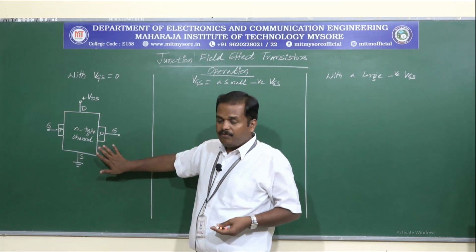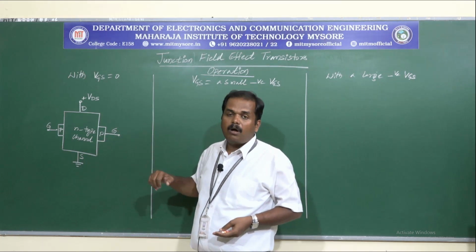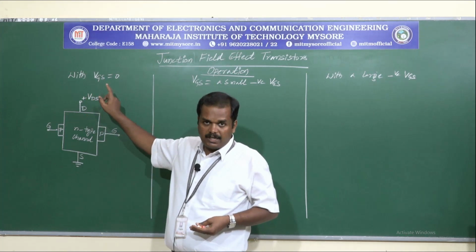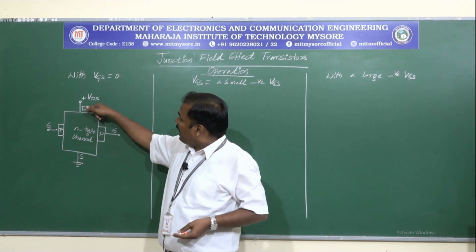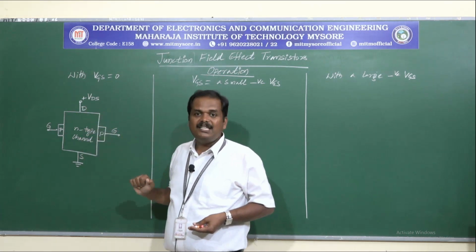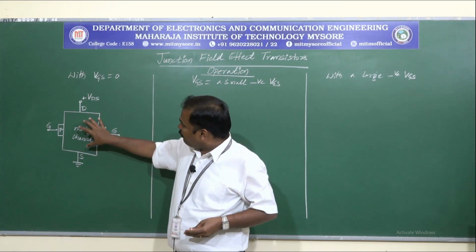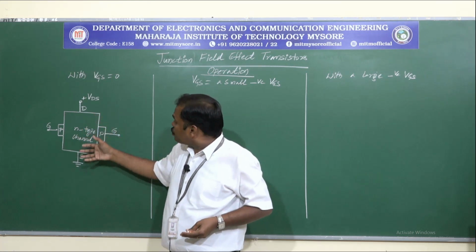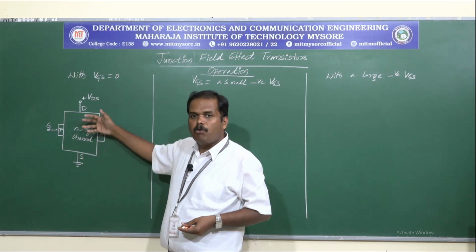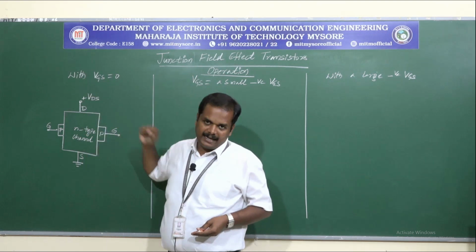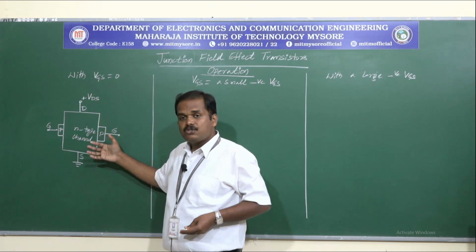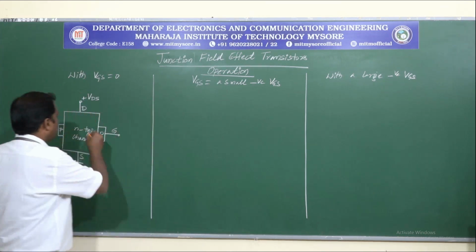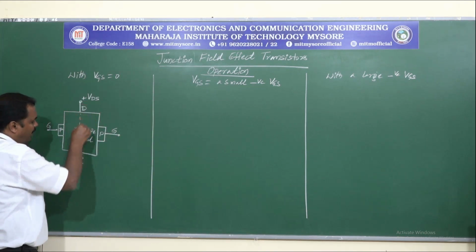Now, with VGS kept open or equal to 0, what happens? Because of this positive drain voltage with respect to source, there will be an electric field induced in the channel region. This electric field induced in the channel region will make the electrons drift, the charge carriers move from the source region towards the drain region. And because the charge carriers are moving from source to drain, the effective current will be flowing from drain to source.